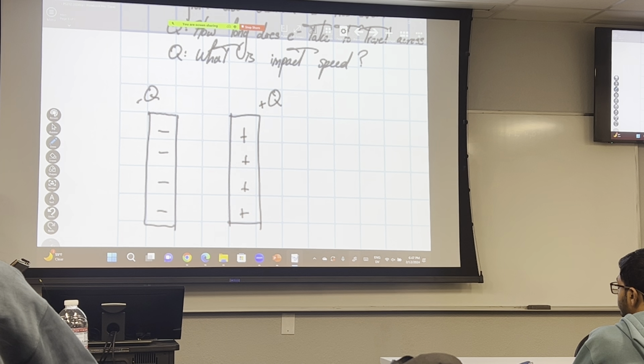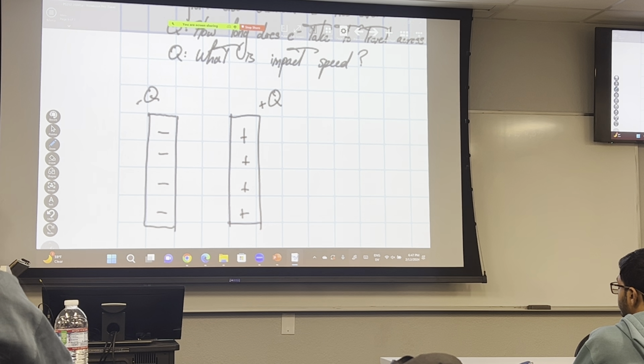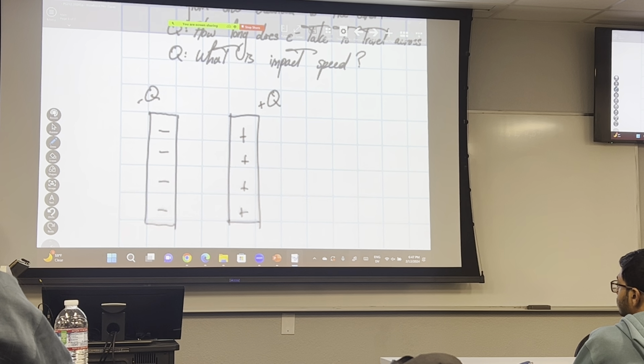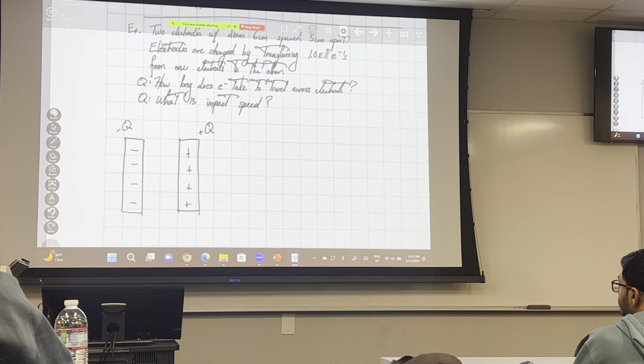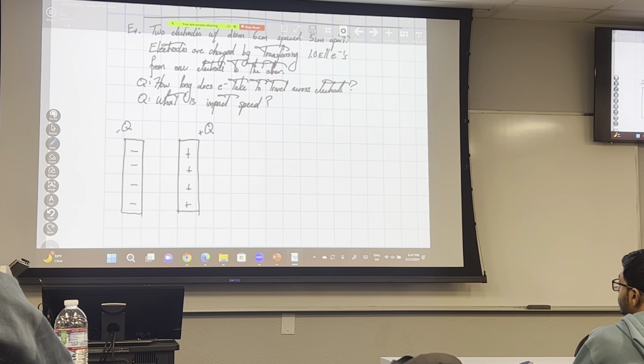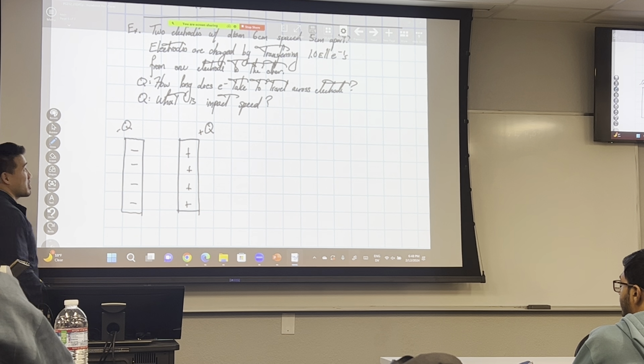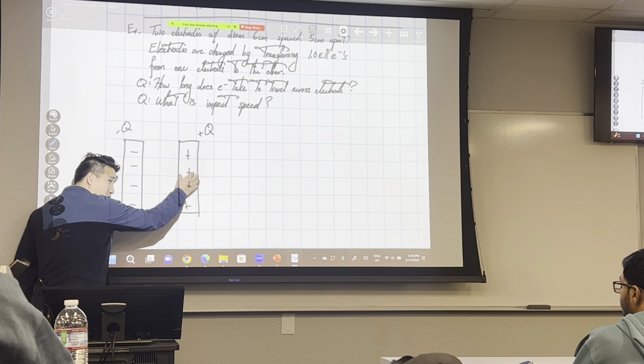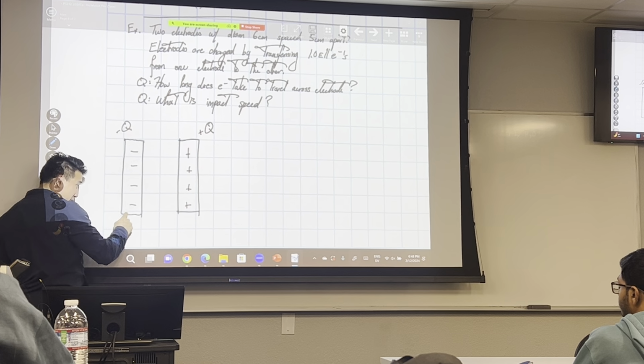And how do you know that? Is it the same diameter? No, the same diameter would be the same area. How do we know that they have the same Q? These electrons are transferred from one to the other. Essentially, we took electrons from the positive electrode and gave them to the negative one.